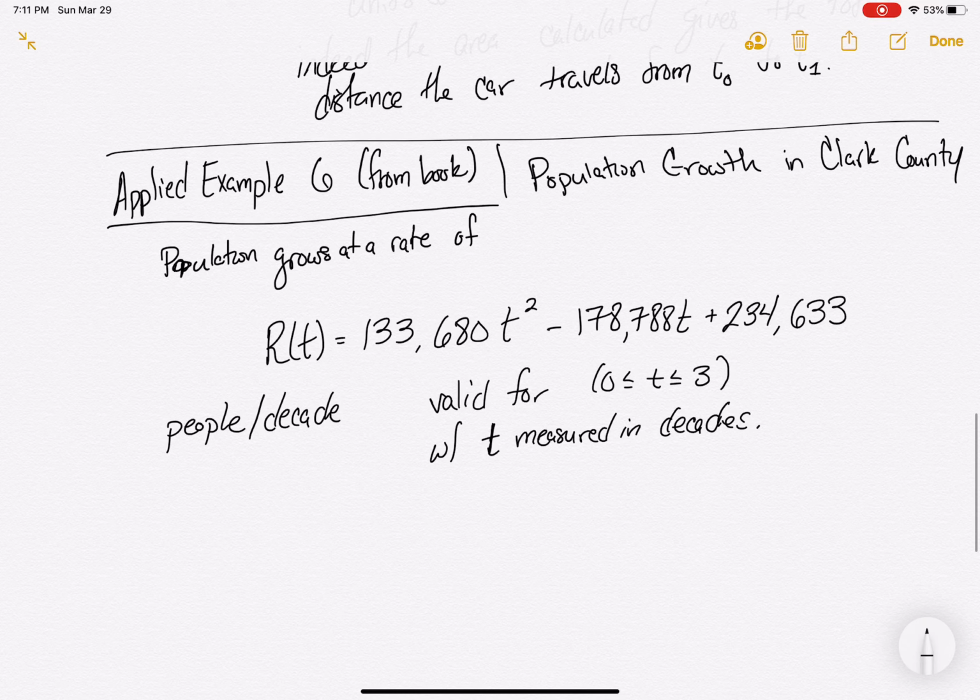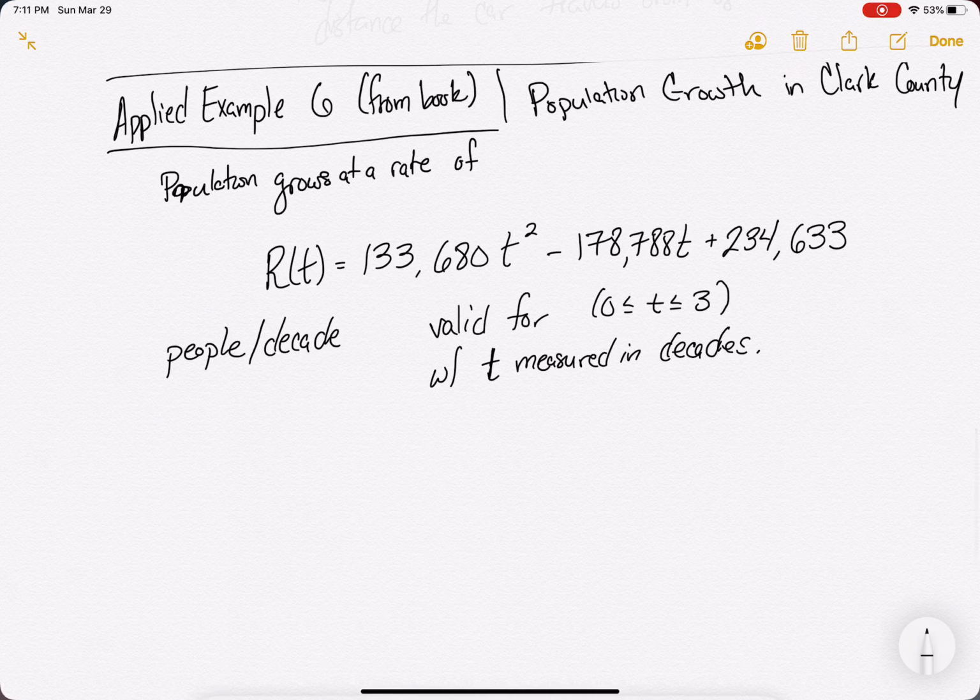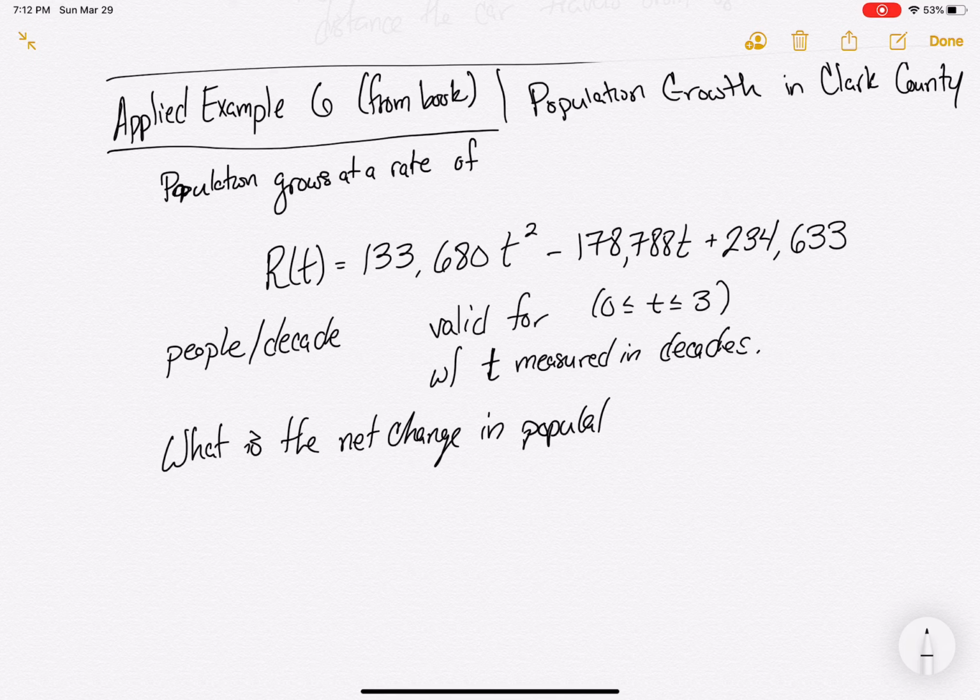So basically, from 1970 to 2000, we have this growth rate. The question then asks, what is the net change in population from 1980 to 1990?